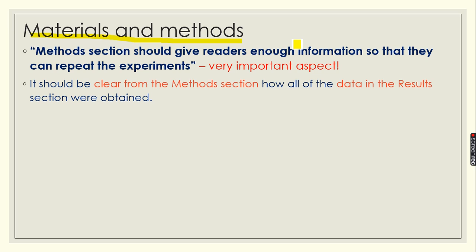So whenever someone is reading the results part, he or she must be able to know how the result data came out. So it should be really the building block of the whole study, how you are doing the experiments, how you are going to take the samples, how you are analyzing. Those aspects must be there in sufficient details.